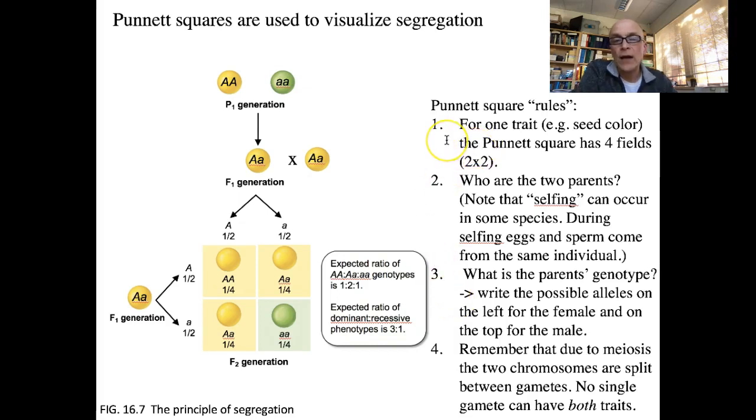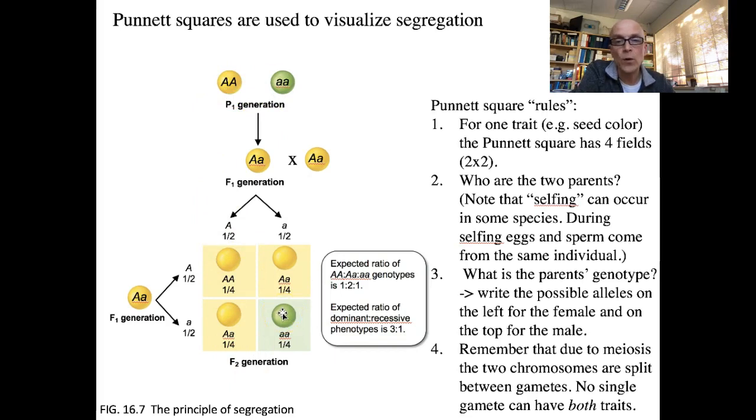So if you're looking at one trait, as we do here, seed color, yellow or green, then the Punnett square for the second generation, we're only ever looking at the second generation where we draw the Punnett square, not at the first, has 4 fields for 2 traits. So we have 2 traits, yellow or green, we have 4 fields.